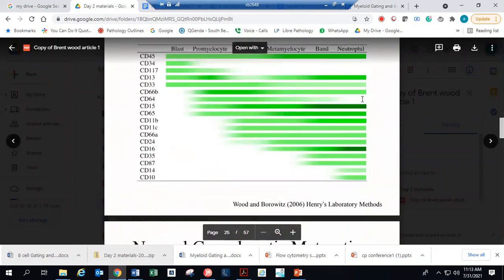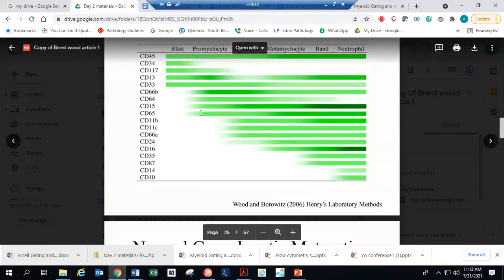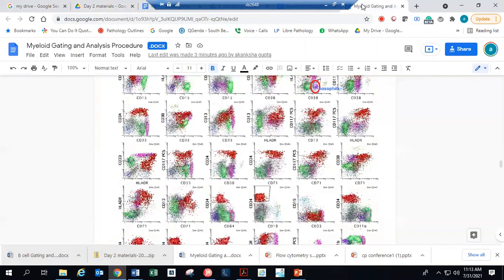We remember that granulocytic, more mature ones will have CD15, that is bright. As I showed in the earlier WHO chart, the monocytic will have higher HLA-DR. Let's go over.